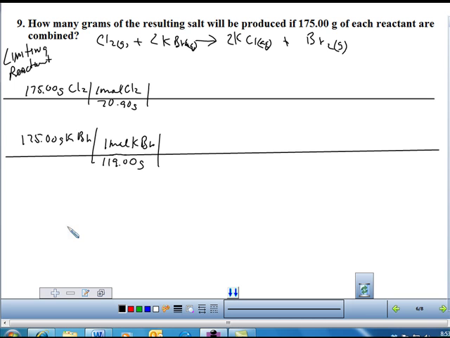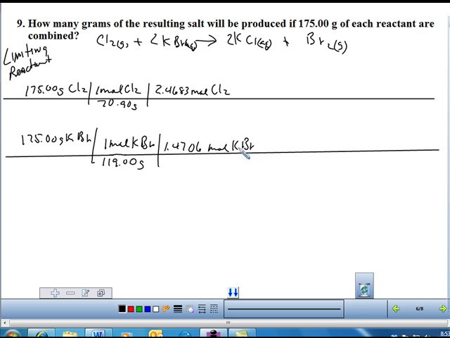Okay, so for the chlorine we have 2.4683 moles of chlorine, and we have 1.4706 moles of potassium bromide.